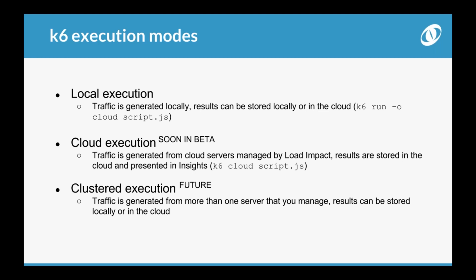It's great to have a local tool to test your scripts. But it can also be very helpful if, for example, you need to run your tests on premise or behind firewalls. But you will still have the option. So even though you generate the traffic locally, you still have the option to stream the results to the cloud by just telling K6 that you want to output results to the cloud.